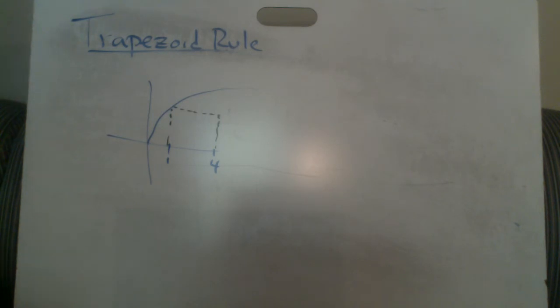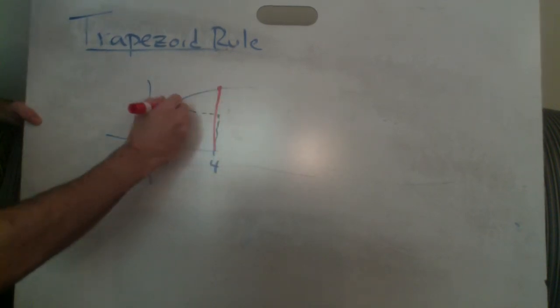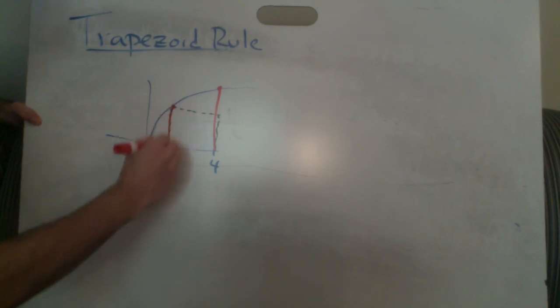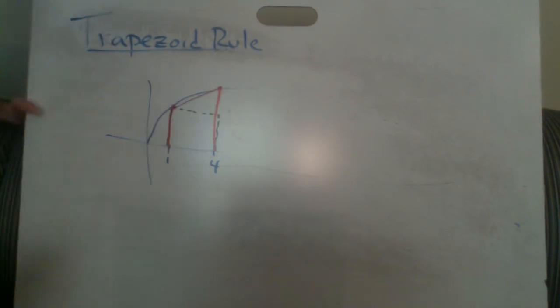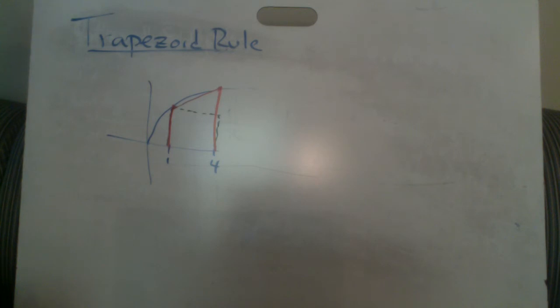So what if, instead of making this a rectangle, we made it a trapezoid? Well, we recall that a trapezoid looks like this. Wow. Look how much better that approximation is. I mean, there's still a little gap here, but even with just one trapezoid, we see how way, way better this is than one rectangle.